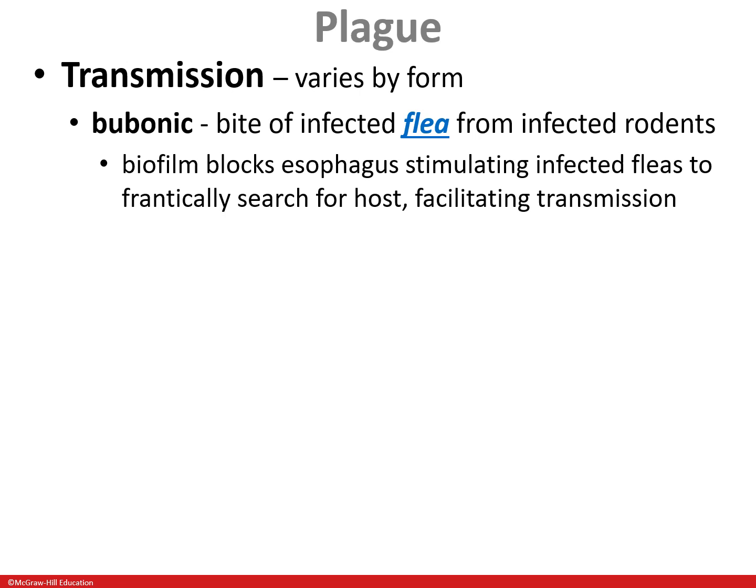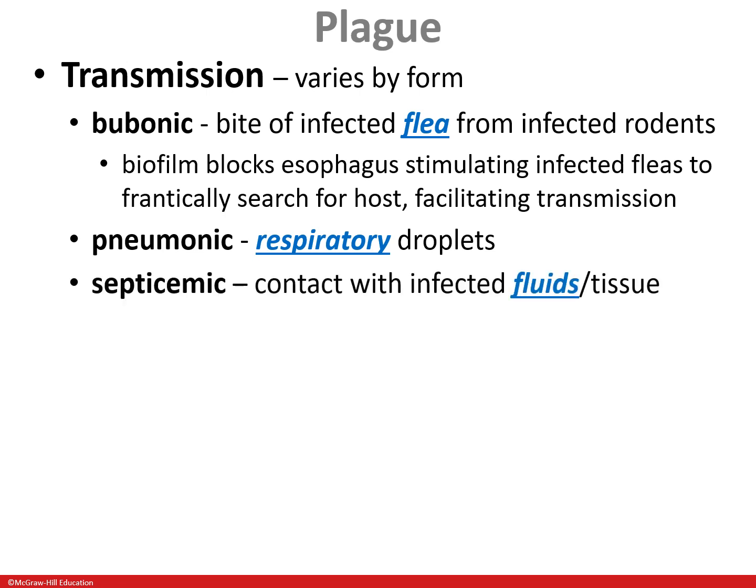And that really is why crowded conditions that have fleas present is going to be the highest risk for spreading that bubonic plague. Pneumonic plague, on the other hand, if it gets to the respiratory system, can literally be directly transmitted through respiratory droplets from person to person. Septicemic plague is what happens when you have contact with infected fluids or tissues.